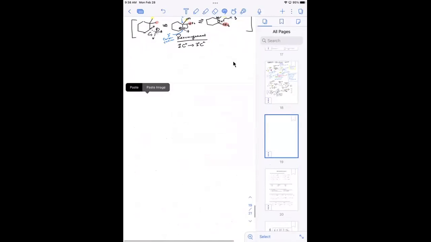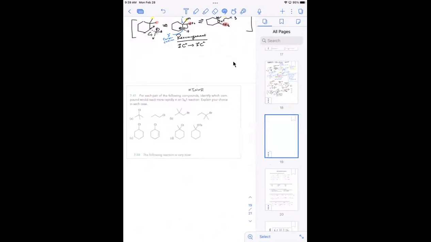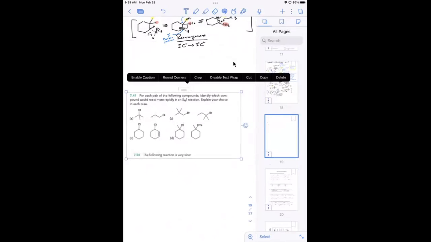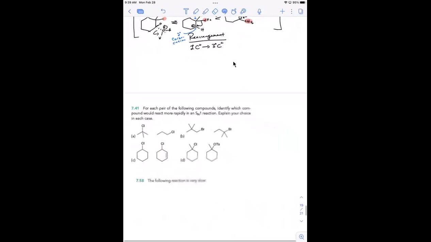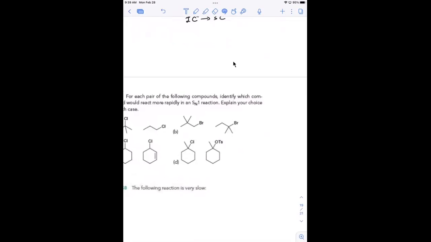So let's do 741 first. All right, so it asked a question: for each of the following pairs of compounds, identify which compound will react more rapidly. This is the question in an SN1 reaction, more rapid.